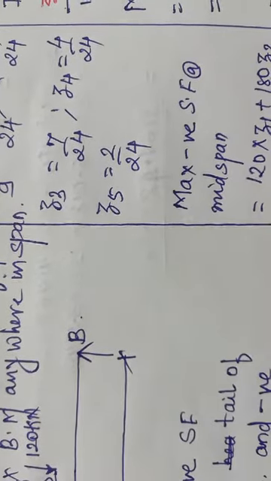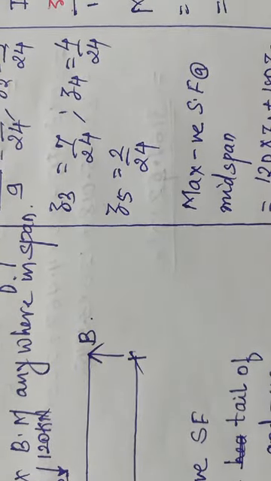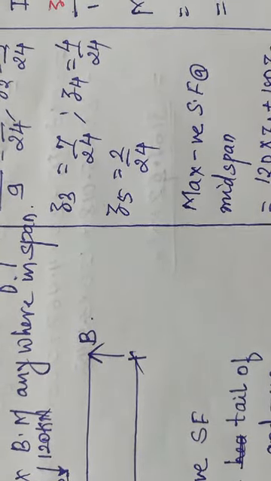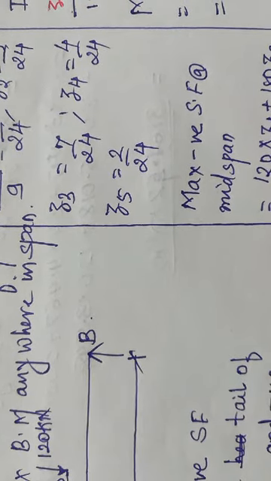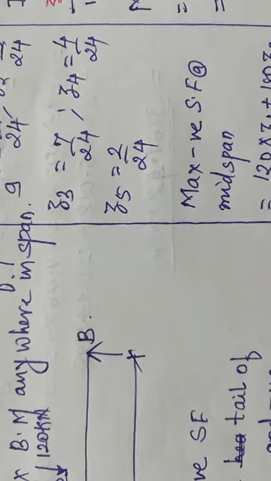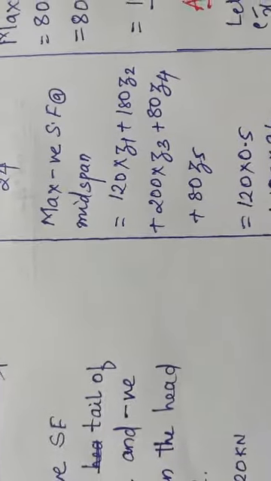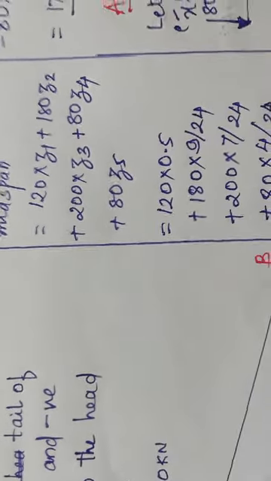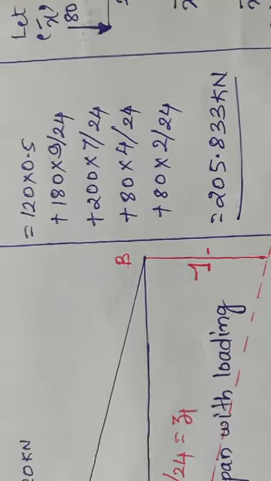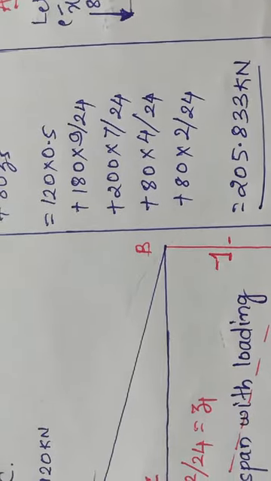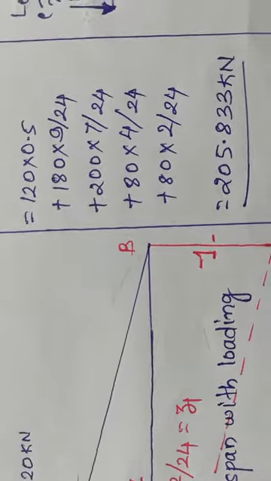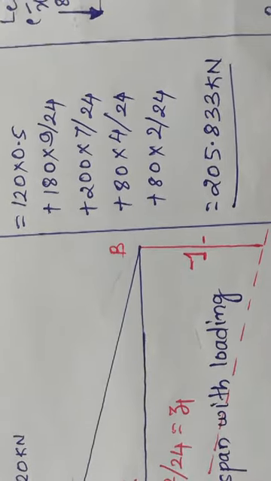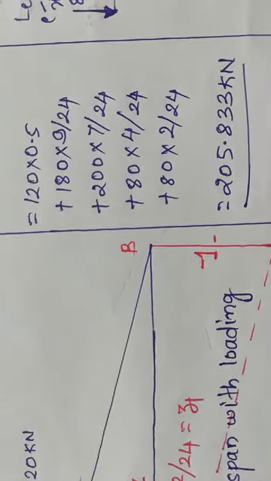Let us calculate the maximum negative shear force, that is the summation of all the forces multiplied by their ordinates. Once you substitute the loads and the ordinates, the answer you get is 205.833, so this is your negative shear force at point C.